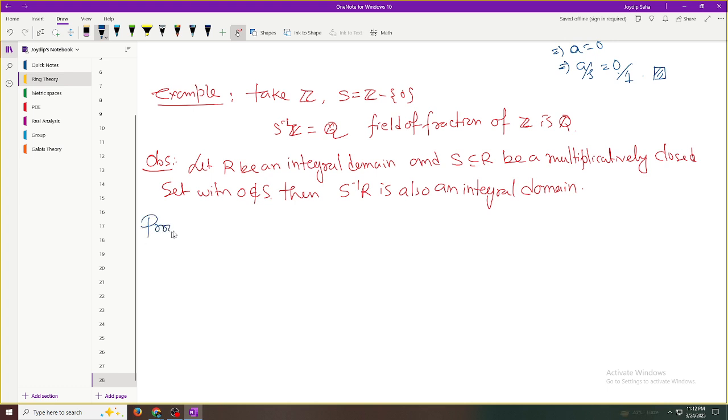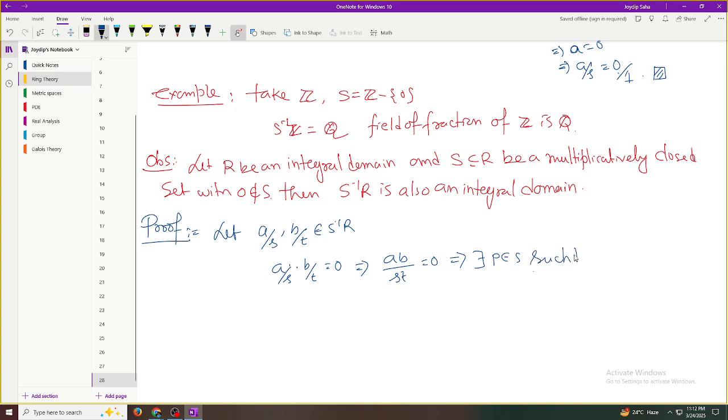Proof. Let a by s, b by t belong to S inverse R. a by s dot b by t equals 0. That implies ab by st equals 0, where 0 means 0 by 1.